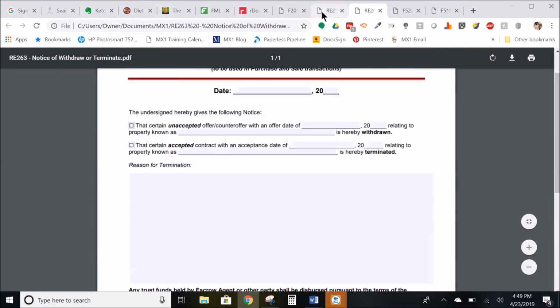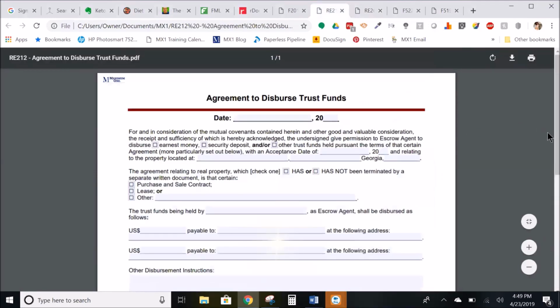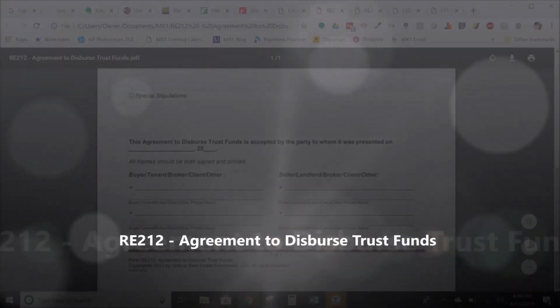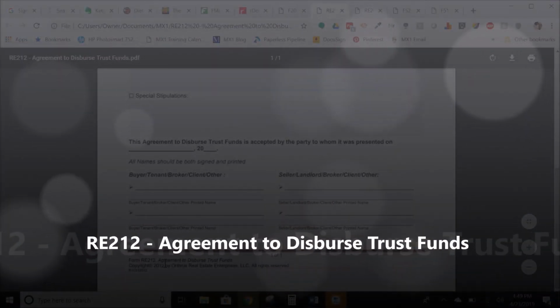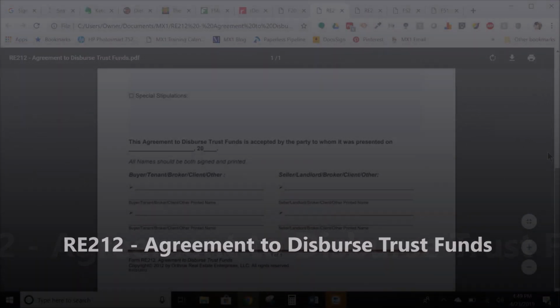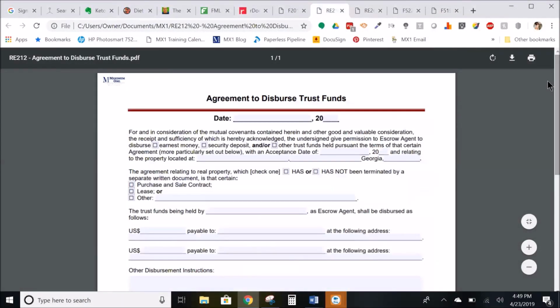Then you are going to also use a separate RE form, and this is RE 212, agreement to disperse trust funds. And again, agreement indicates more than one person.